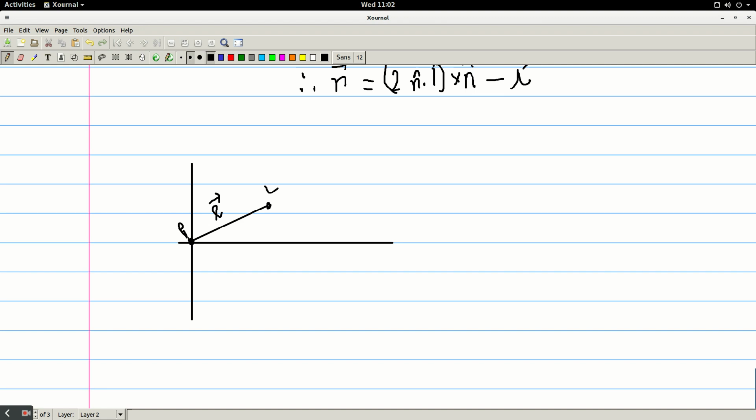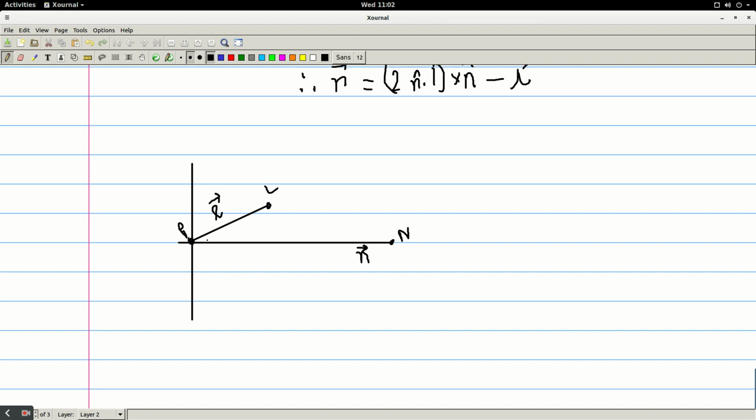Now another thing is we have a point P, and somewhere over here there's another point N which we don't know, right? This is not known to us. But since we know P and there is this point N, we can define a vector like so. That's a vector that goes from P to N.